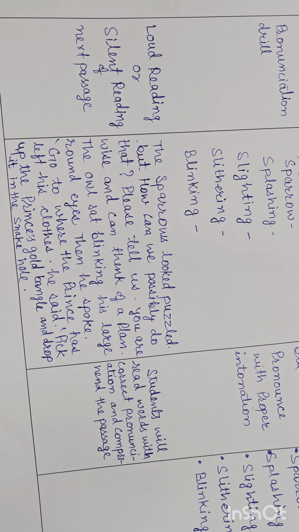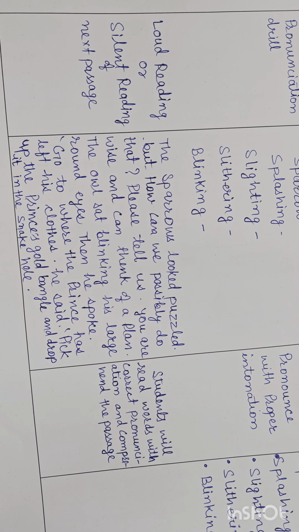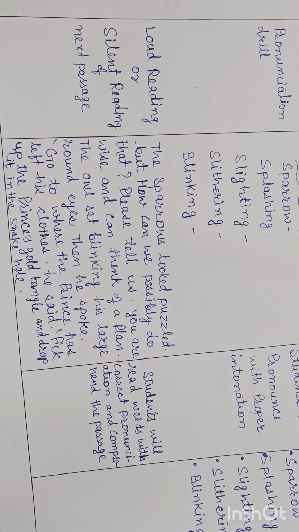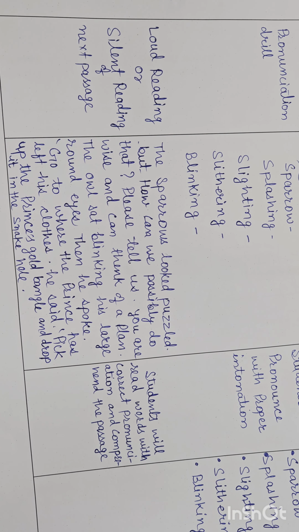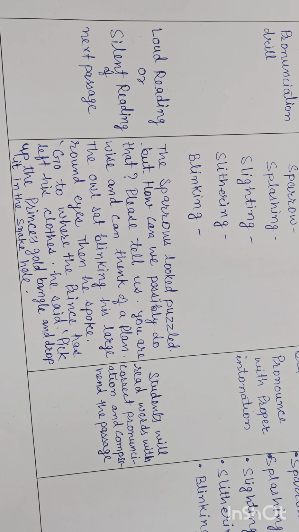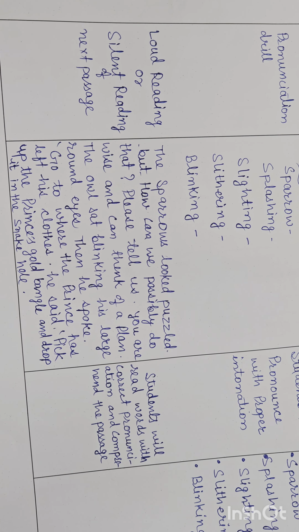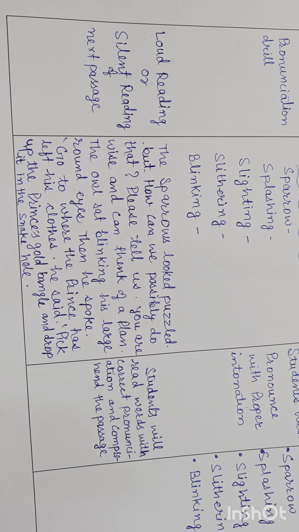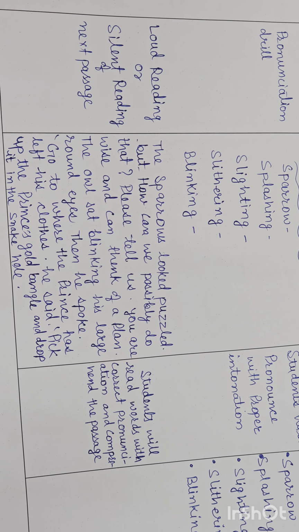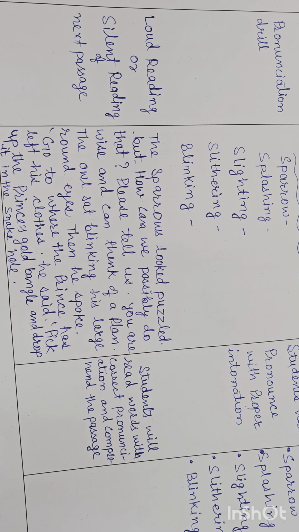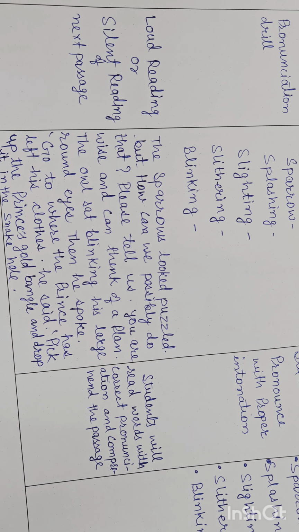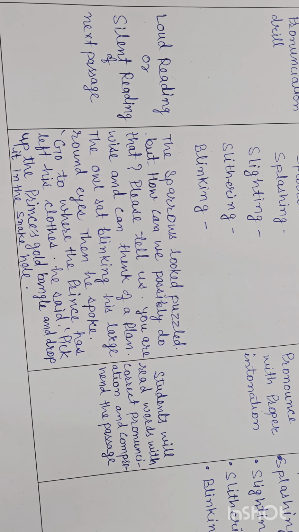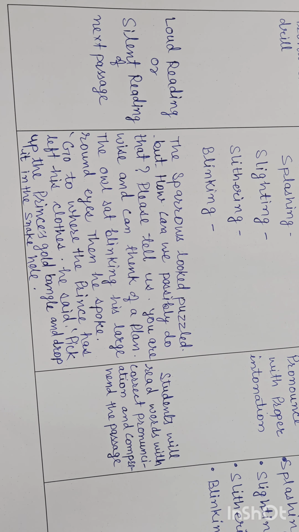Now here in the last, at the end of the class, you can engage your students with loud or silent reading. If you are going to give instruction for loud reading, then one by one you can instruct, or that will be better if you give instruction to do silent reading, because by the instruction of silent reading they all will engage, and silent reading of the next passage they will read properly.